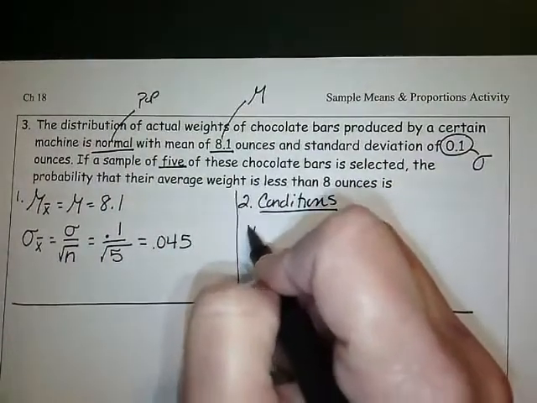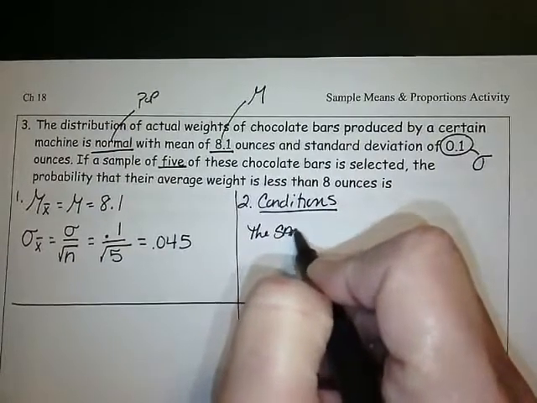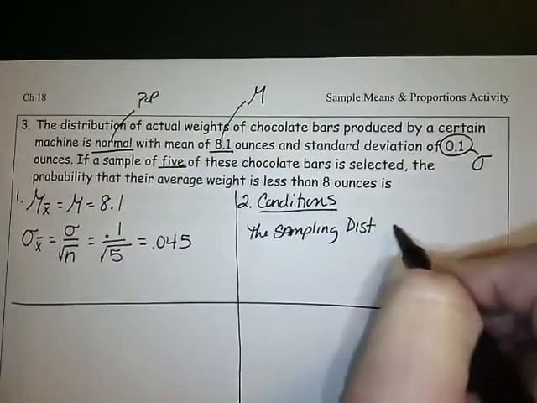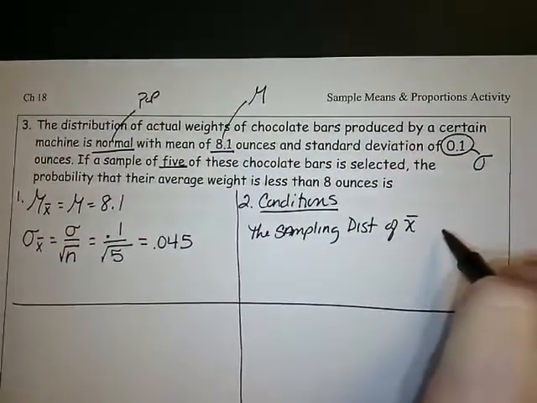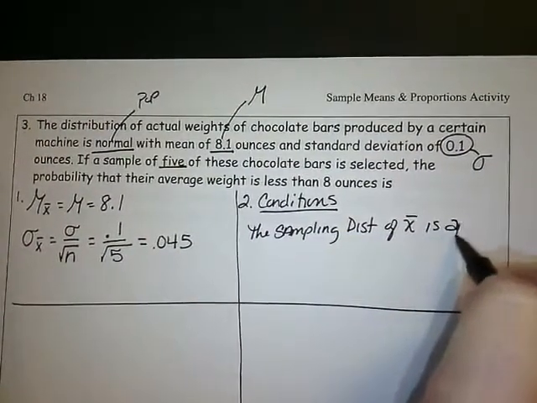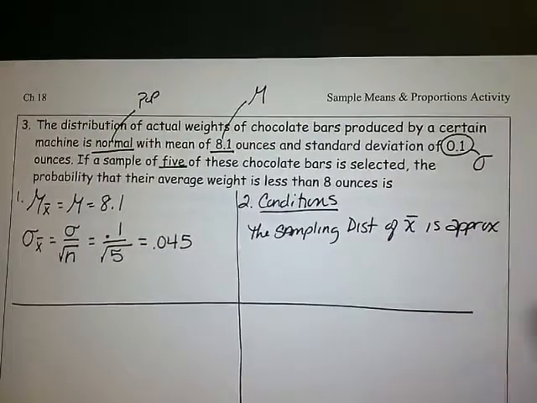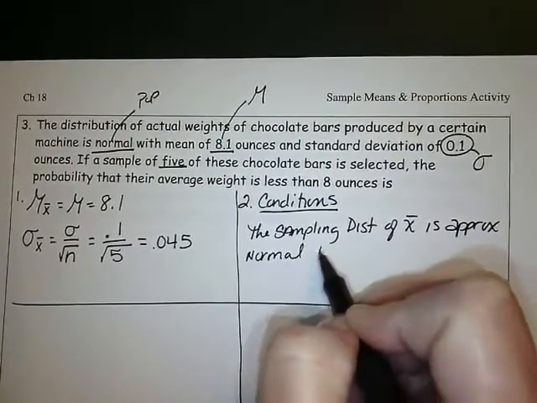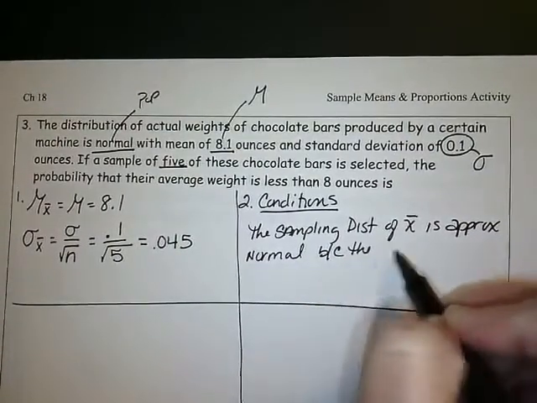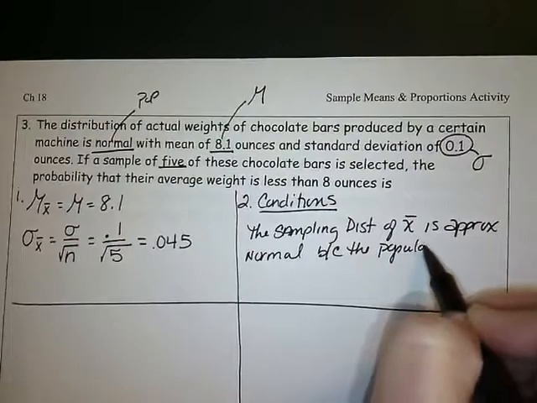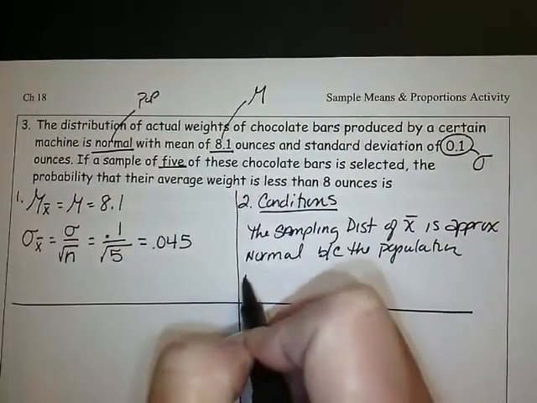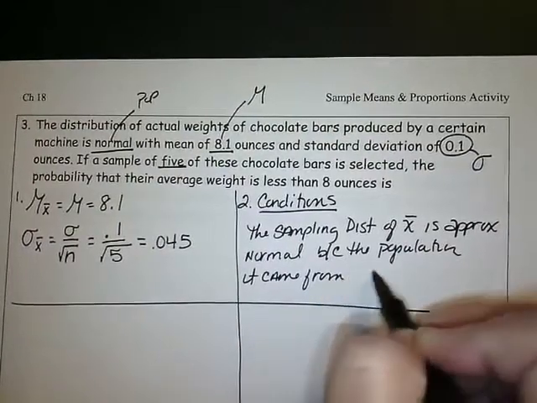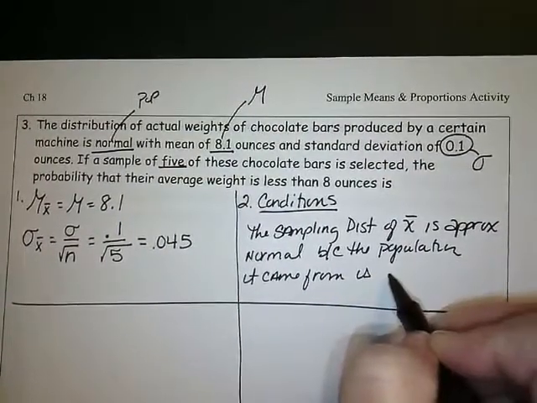So we're going to say that the sampling distribution of x bar is approximately normal because the population it came from is normal.